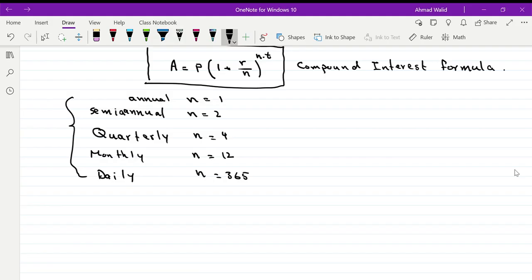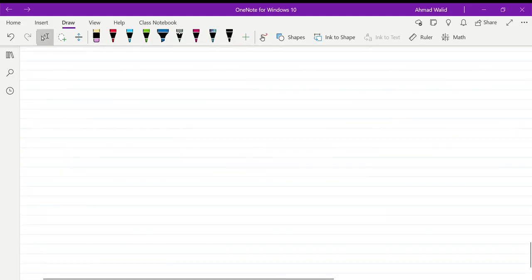Semi-annual means N equals 2. Quarterly means N equals 4. Monthly means N equals 12. And daily, N equals 365. Let's discuss first the compound interest. Then we will go to another formula which we call continuous compounding. But let's do a few examples for this formula.